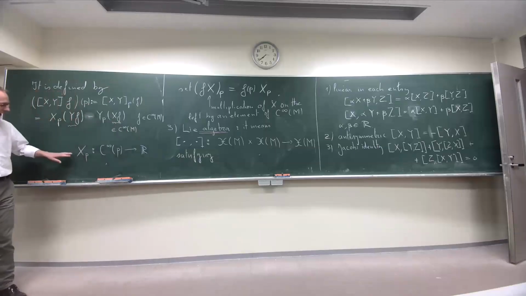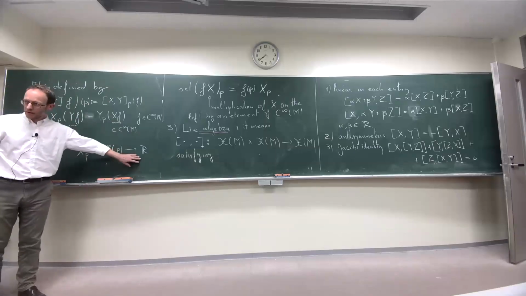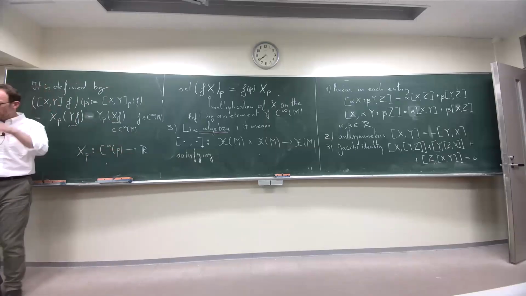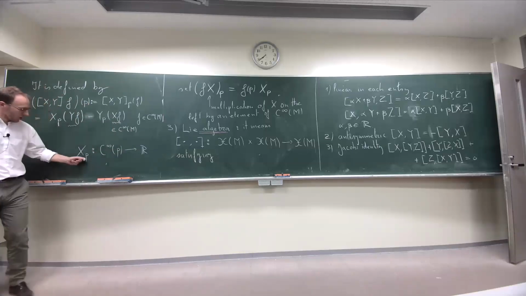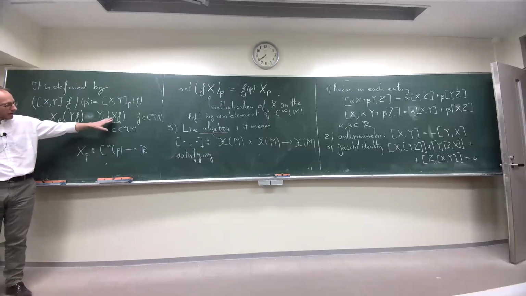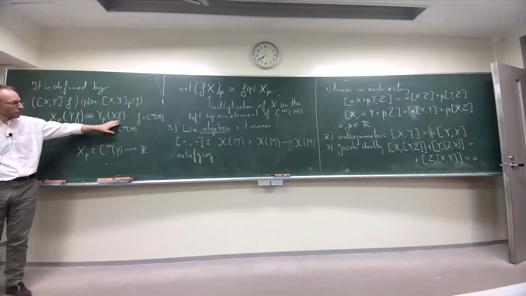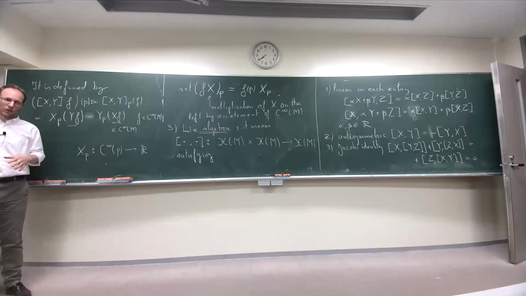Because at every point p, when you apply it to a function, you get a number. So if you take this collection of numbers, indeed, it gives you a function on the manifold with values in R.